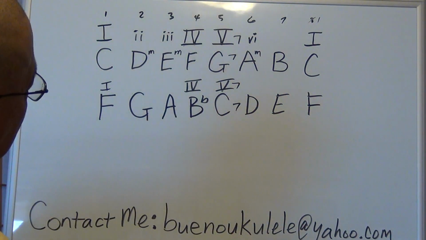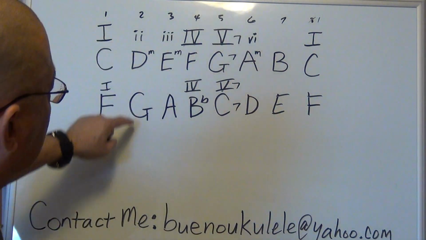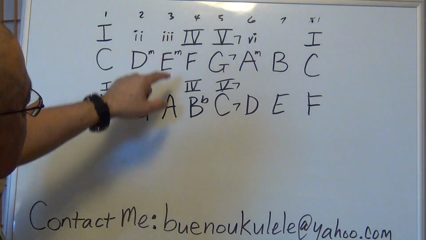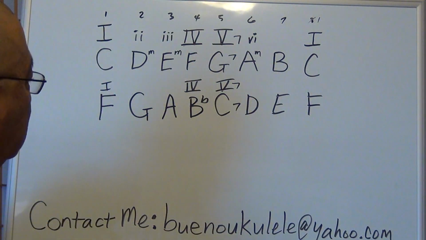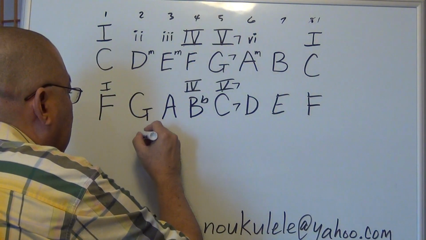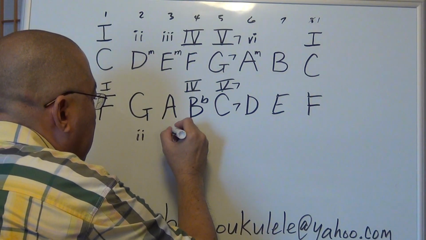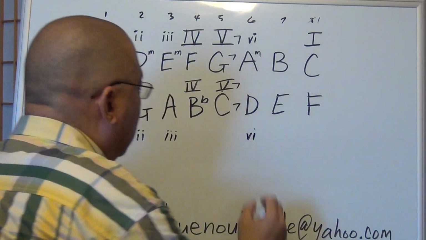Okay? So if we're going to do the same thing with the smaller chords, the minor chords, we got to go in between. So here, the G, that's a small chord. A, that's a small chord. And the 6, the D, that's a small chord. So let's check it out. Small chord, and small chord.